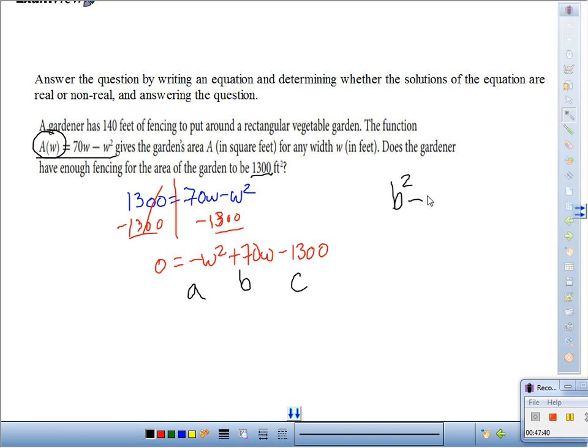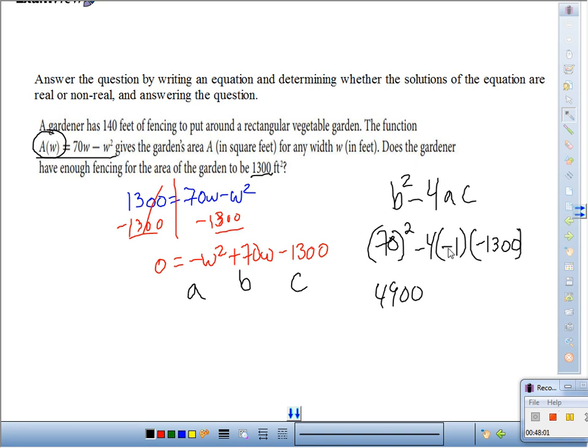B squared minus 4AC. So we substitute 70 for B, minus 4 times negative 1, because that's A. And C is negative 1,300. All right, what is 70 squared? 4,900. Negative times the negative is a negative, positive times the negative is a negative. 4 times 13, that's 5,200.